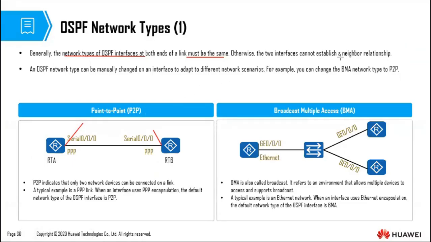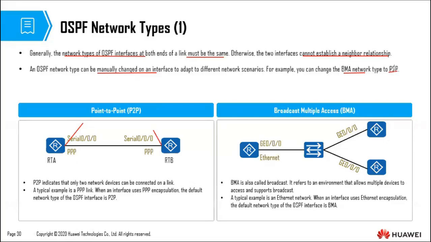Otherwise, the two interfaces cannot establish a neighbor relationship. An OSPF network type can be manually changed on an interface to adapt to different network scenarios. So for example, you can change a broadcast network type to point to point.